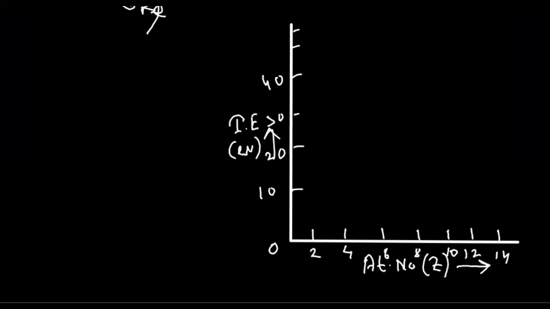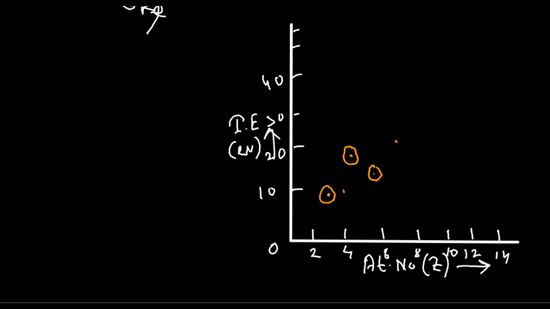Now see very carefully what we will observe. Suppose here it is lithium, next is beryllium. From lithium to beryllium, the ionization energy or ionization potential will increase. Now see what will happen. From lithium to beryllium it is increasing, but from beryllium to boron it will decrease.